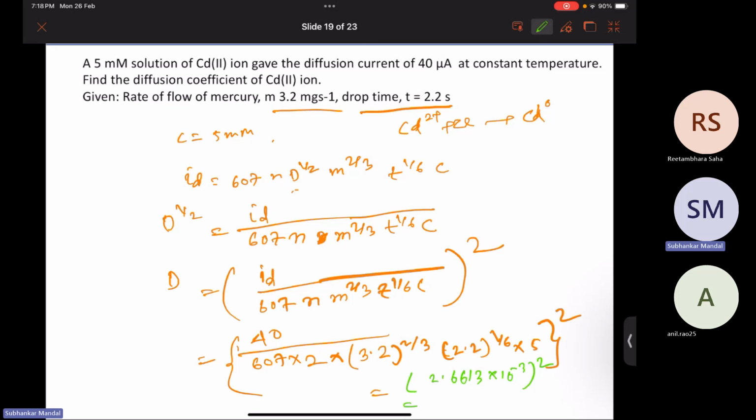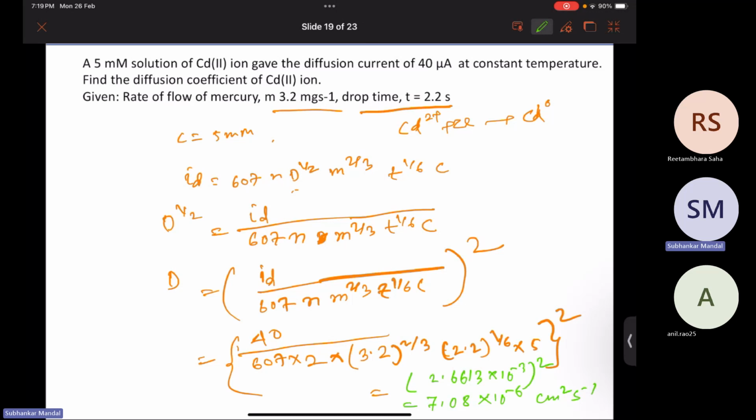So it will be 7.08 into 10 to the minus 6. So the diffusion coefficient is in centimeter square per second.